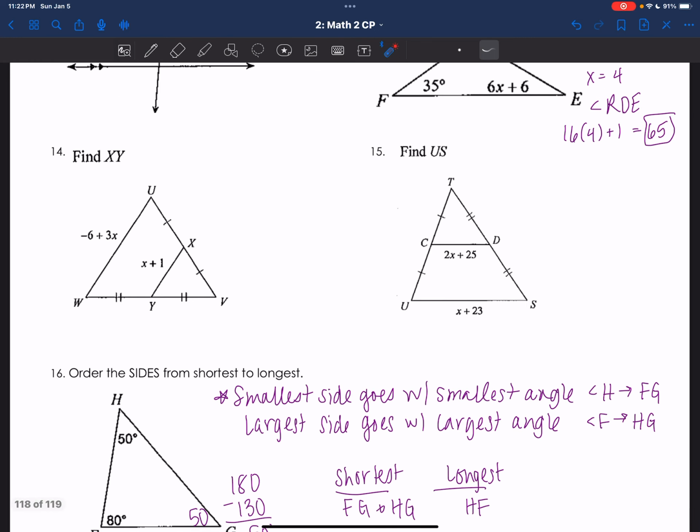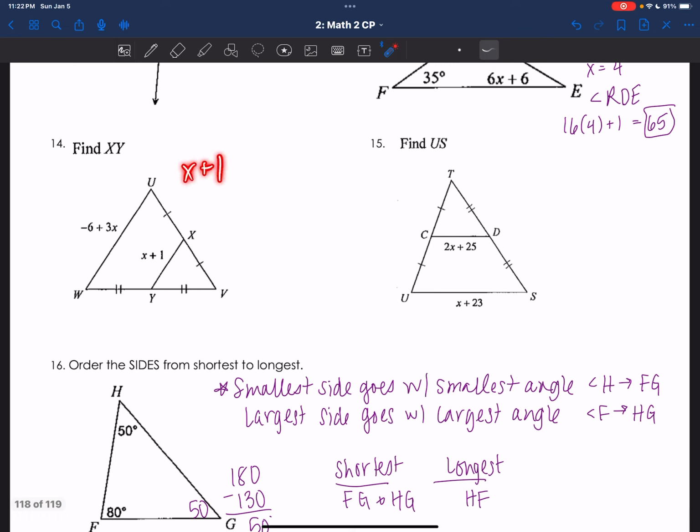All right, for 14, that one you should be able to do. Because remember, 2 of x plus 1 equals negative 6 plus 3x. And you're going to solve because you know, since these are midpoints, you can equal those. And if you do it correctly, you should get 9 as your answer.